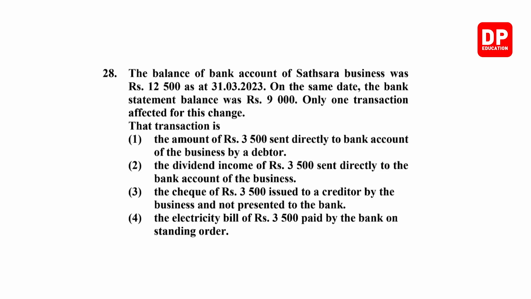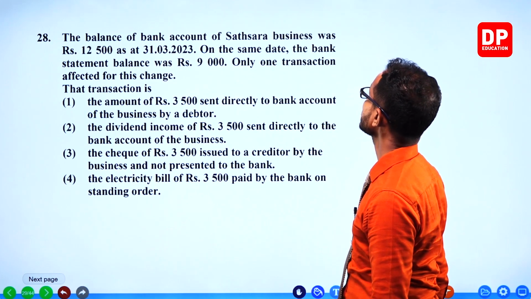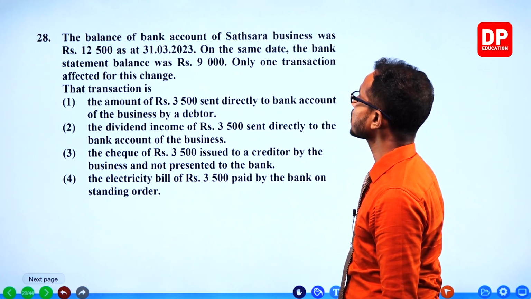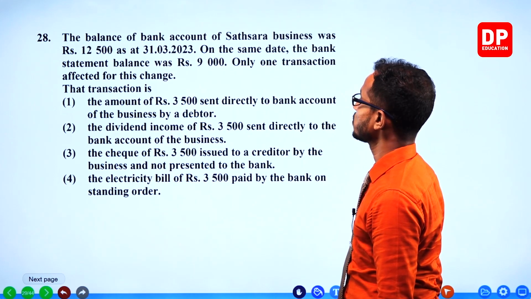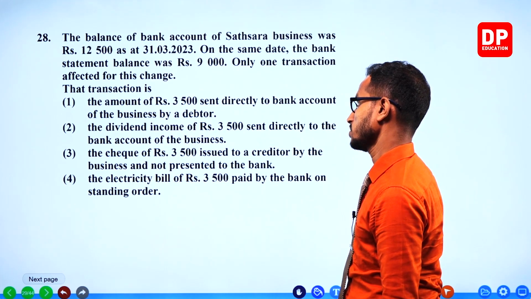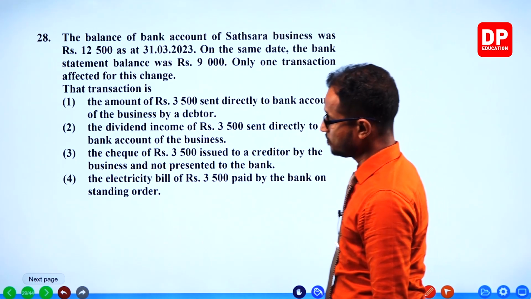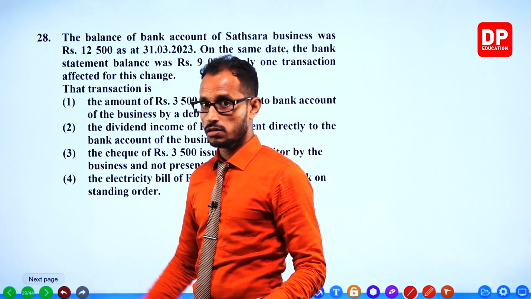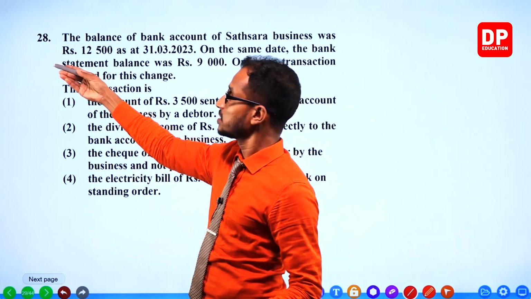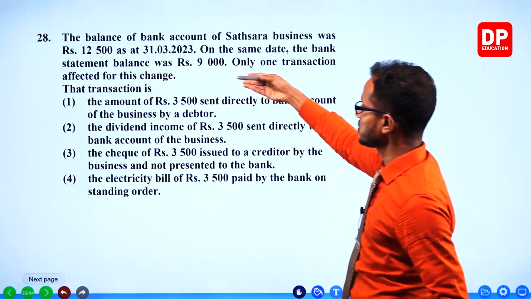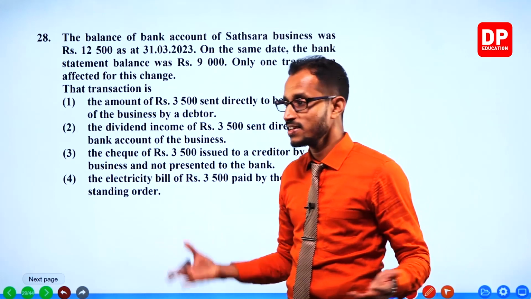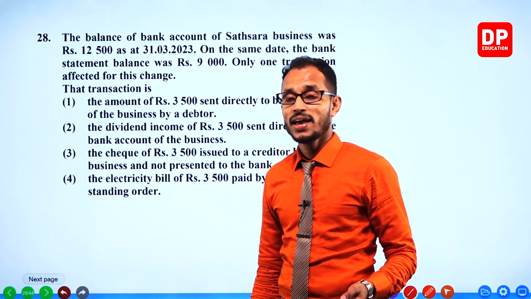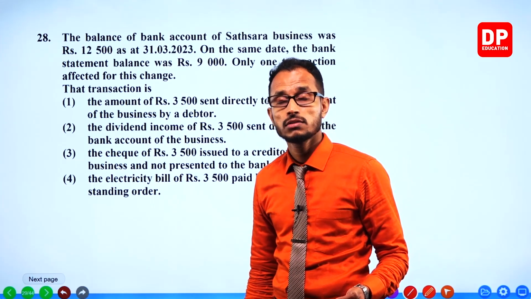Next one, the balance of bank account. The balance of the bank account of Satsara's business was 12,500. This is from bank reconciliation, isn't it? Statement and balance and everything is mentioned.